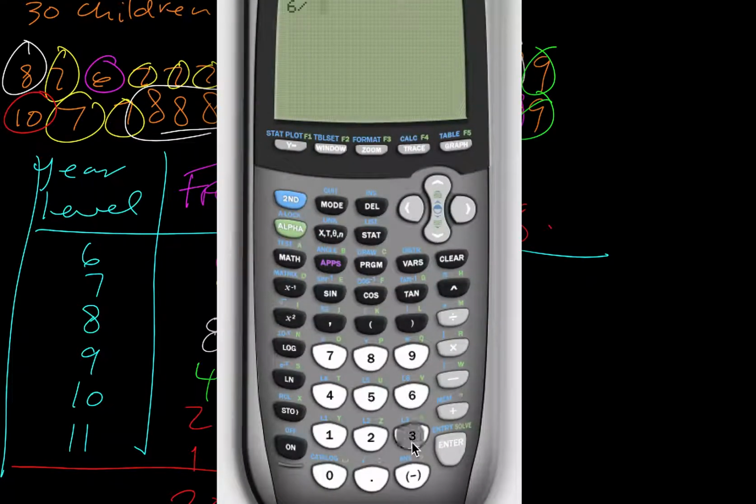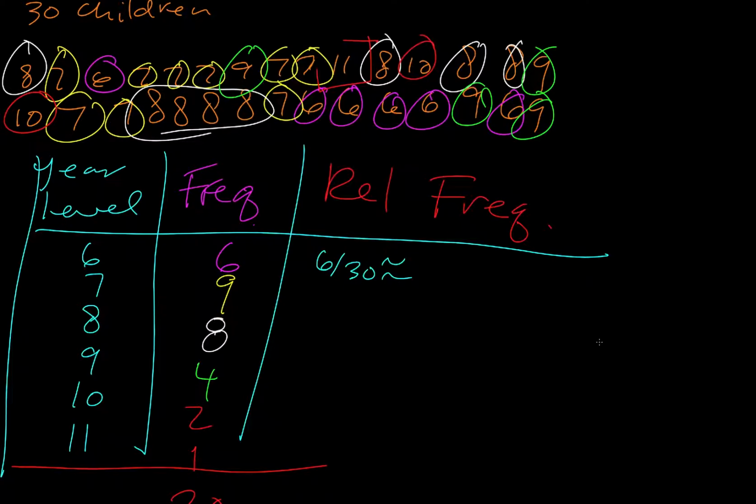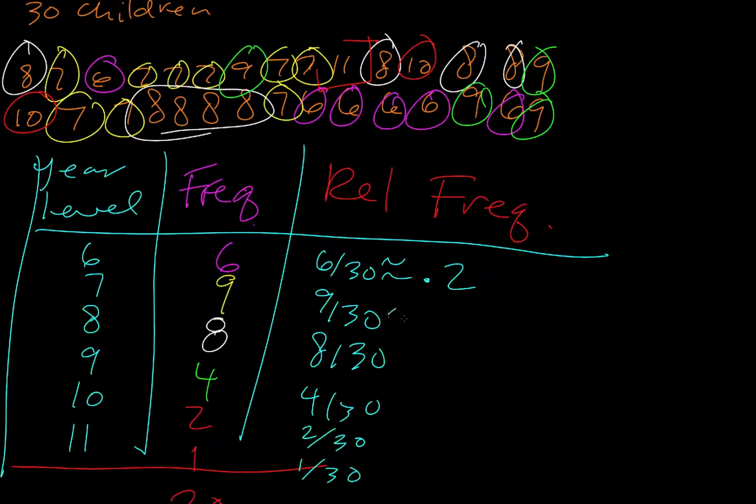Six divided by 30. We get 0.2. 9 over 30. 8 over 30. 4 over 30. 2 over 30, and then 1 over 30. And then write all those out.